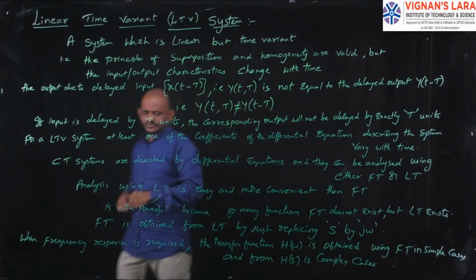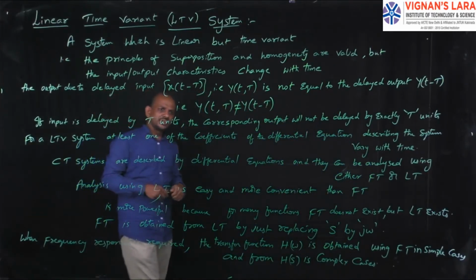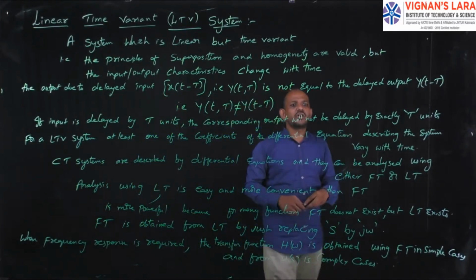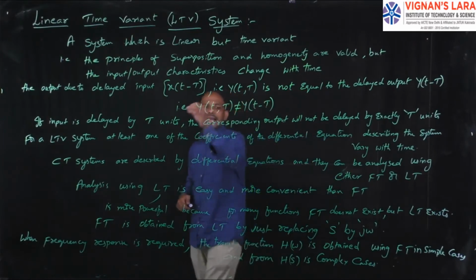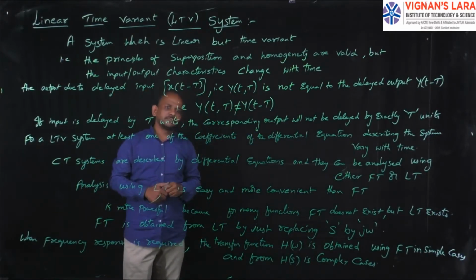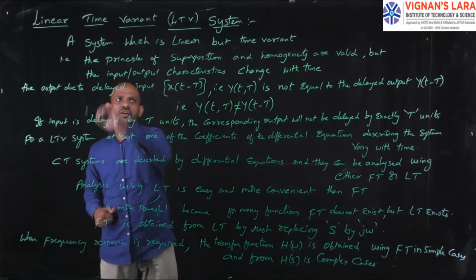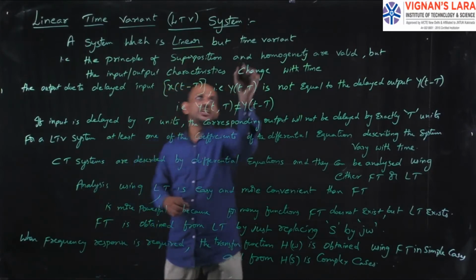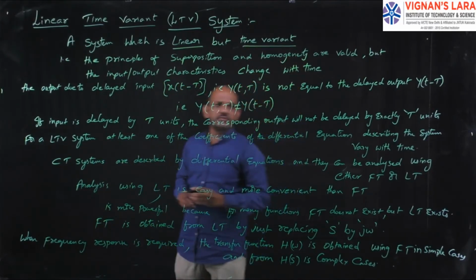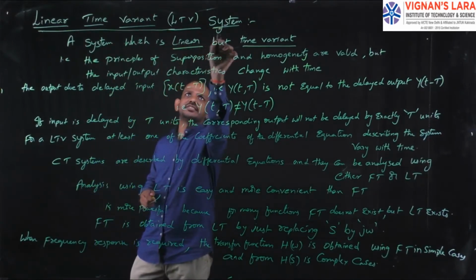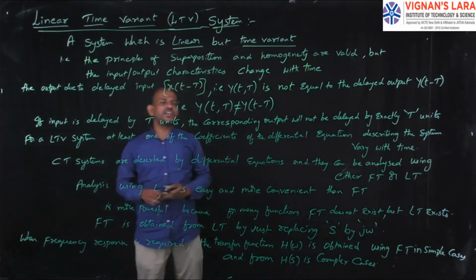So a system which is linear but time variant is called a linear time variant system, or simply an LTV system.